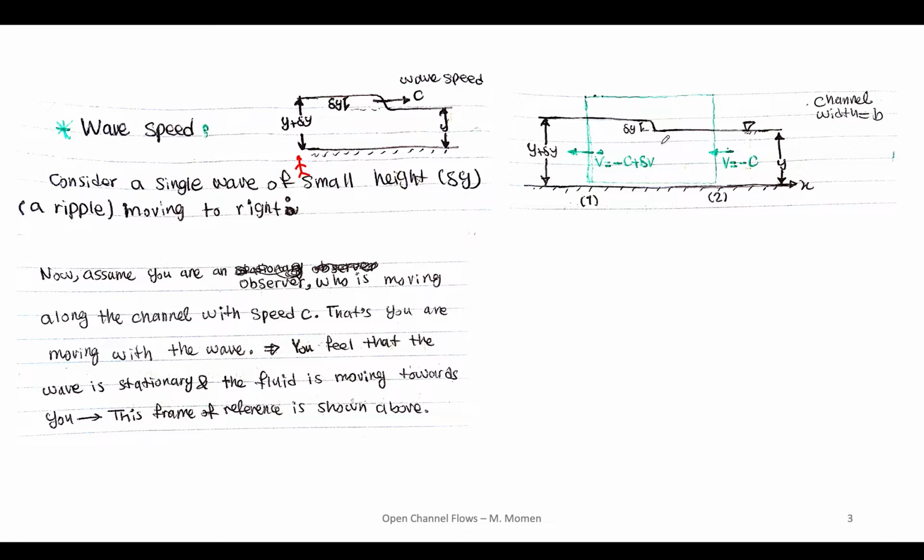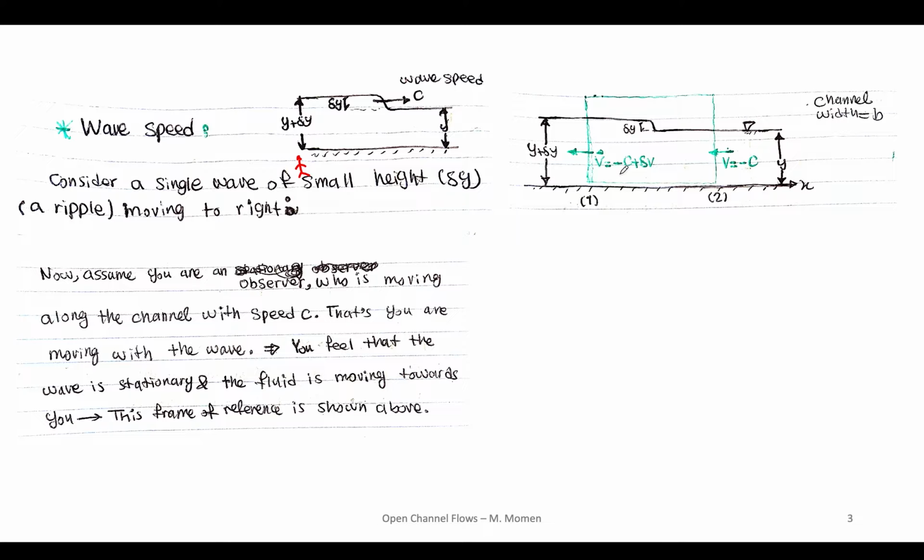So what is seen here is that the velocity is minus c, which is going toward this direction, and the velocity here is going to be minus c plus delta v. So it's not exactly the same, right? It can have a different velocity, so I just add that as a delta v, as a difference of the velocity here and here.